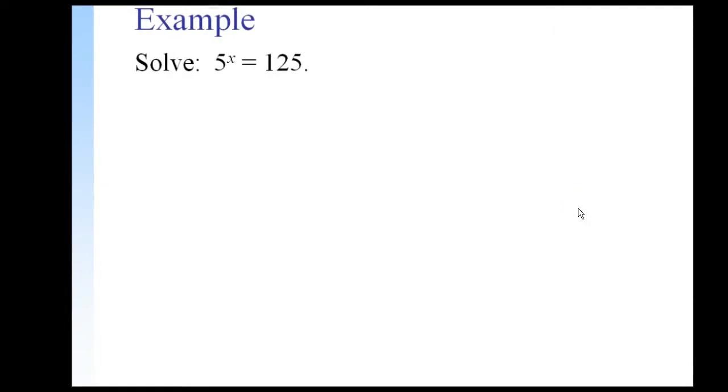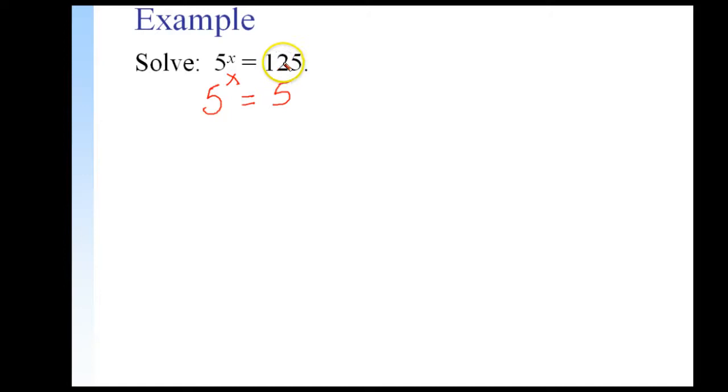Let's take a look at this one, which is kind of an easy one, and you may recall it from a previous lesson. Here we have 5 to the x power, and we want to see if this can be some number in which 5 is the base.